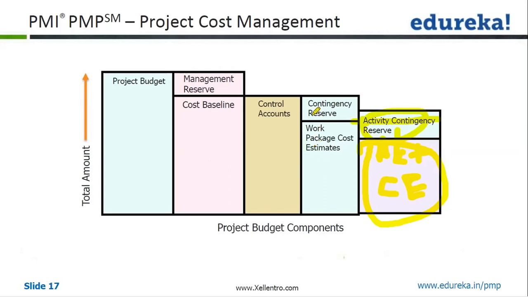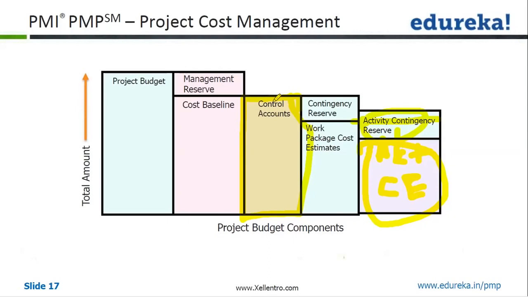Then at the work package level, you may have a contingency reserve, and when you add all the work packages and their related contingency reserves, you get the control account level. One work package plus one contingency reserve gives you one control account's cost. Likewise, one control account may have multiple work packages.